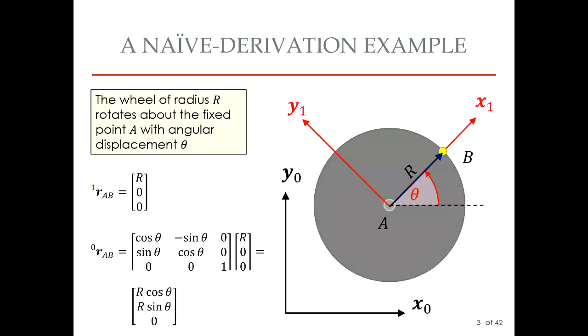We look at this vector AB, and we think of its derivative in time, how it changes over time. So we prepared this vector in 2 different frames. The red frame 1, which is moving together with this disk or with point B, and also we prepared this vector RAB in frame 0. Frame 0, the black one, which is stationary, doesn't move.